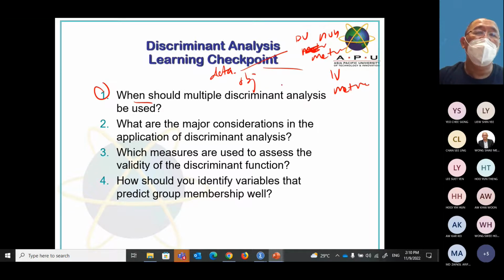And the objective is that you want to do classification. You need to make sure that you can classify the respondents correctly into each category based on the independent variables.